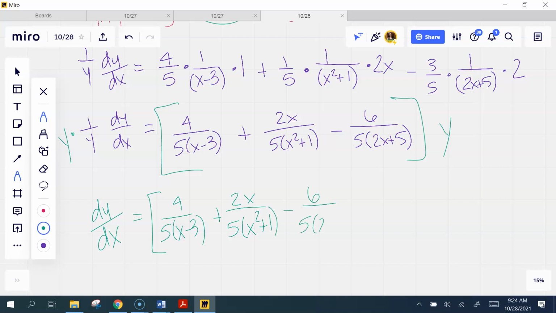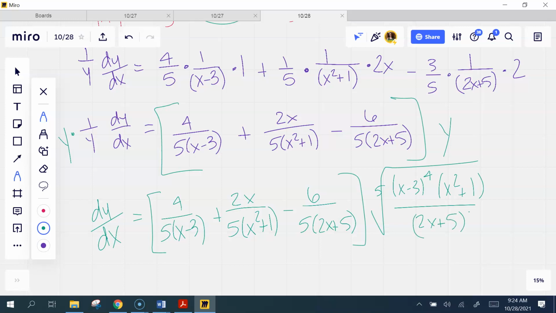When I got to this point, I would leave it. What was this? The 5th root of... And there's your answer.